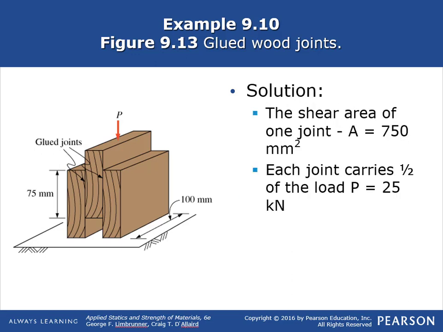Okay, so first of all, we need to know what the shear area of one of the joints is, and that is this 75 millimeters high by 100 millimeters long. That's 7,500 millimeters squared. And then next we need to assume that of this load here, each one of these shear planes carries half of the load. Therefore the load per shear plane is 25 kilonewtons.